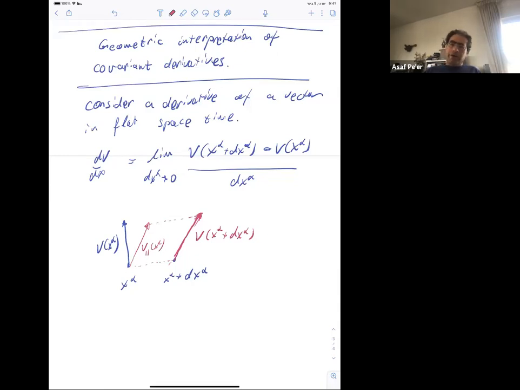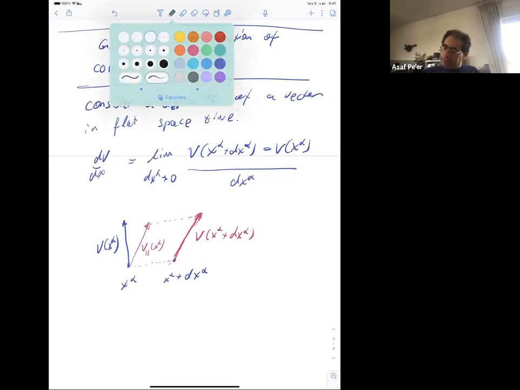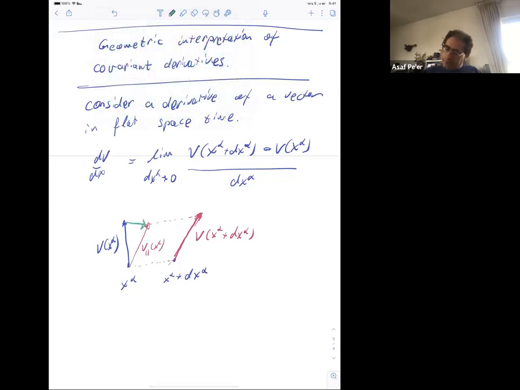And now, after we did that, we can take the difference, which is this, delta V. Nobody ever told it to you, I guess. But in reality, when you take this derivative, you're doing two operations. The first is that you take the vector and you parallel transport it, so transport it parallel to itself.